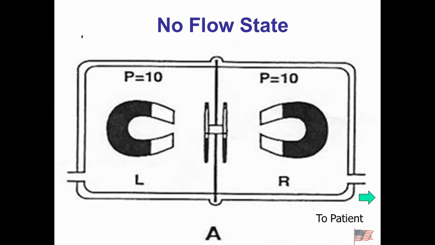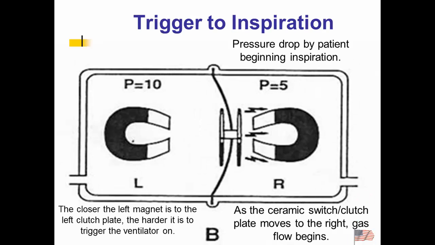So at a no-flow state, the pressures on either side of the chambers are equal. They're atmospheric, let's say. Okay? And what determines which way it goes is the pull of the magnet along there. So, patient now has their mouthpiece in, they're going to take a breath in.